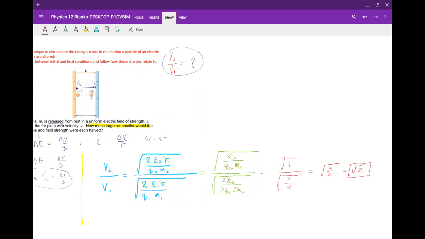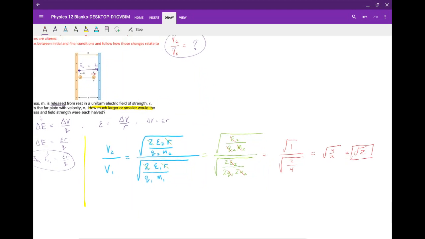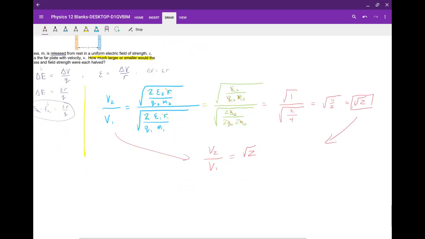Okay? And so to summarize, V2 over V1 is the square root of 2. And therefore, the velocity under the second circumstances is the square root of 2 times faster than the velocity under the first circumstances.